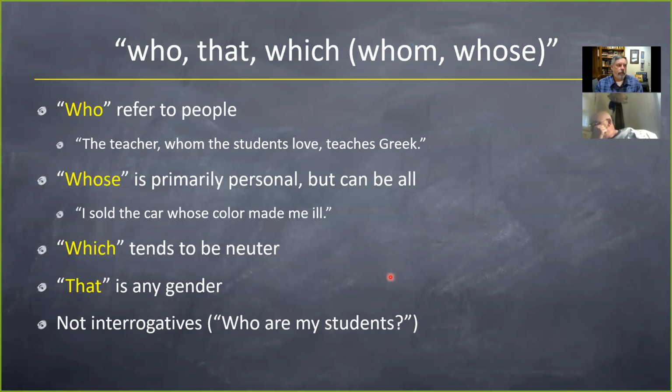And so it's telling us something about the teacher. The second sentence, whose, is primarily personal, but can be all. In other words, for example, I sold the car whose color made me ill. It's the color, whose color made me ill. It's personal in that it made me ill. I think that's what it's talking about.